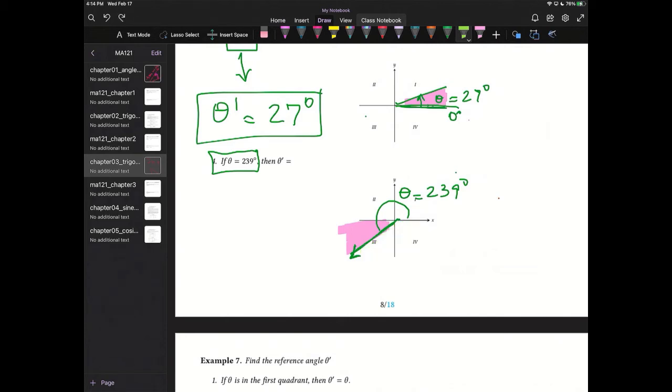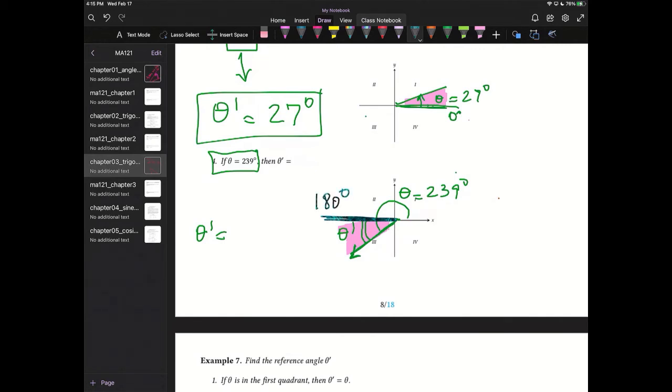So to find that angle, theta prime, notice that I'm going to use 180 degrees. This is the terminal side of 180 degrees.